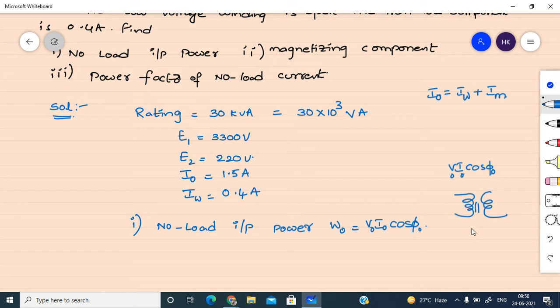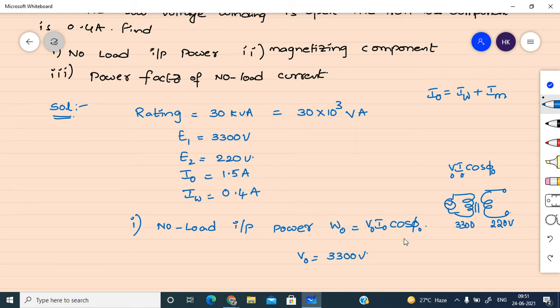E1 means primary voltage. So this side voltage is 3300 and this side voltage is 220 volts. And the secondary terminals, the low voltage terminals, are left open. So from this we can say that V naught is 3300 volts. I naught value we know that is 1.5 amperes.